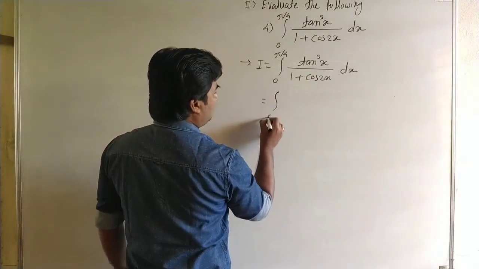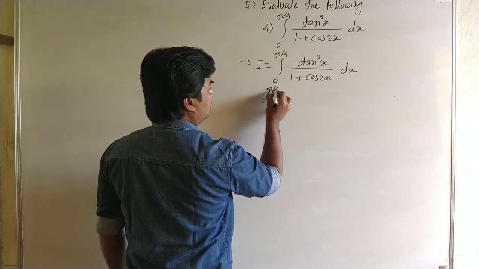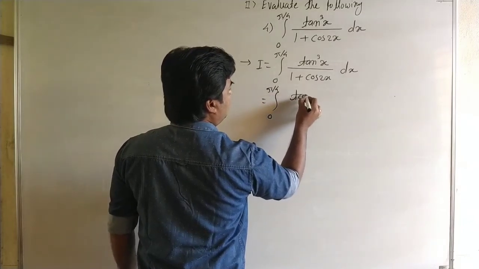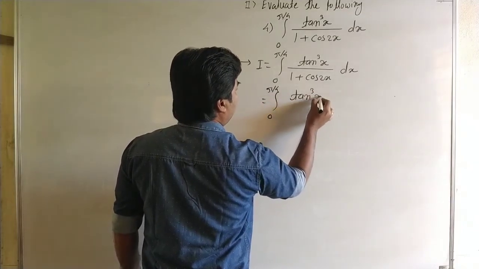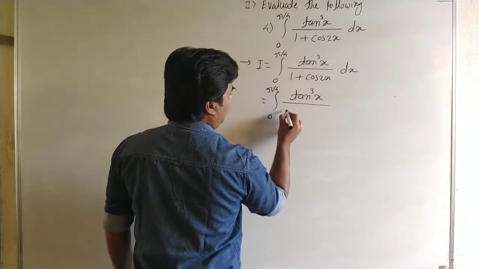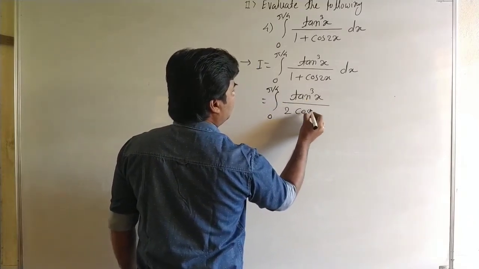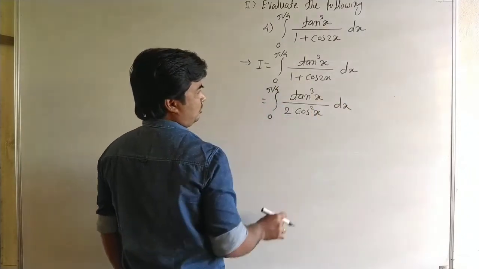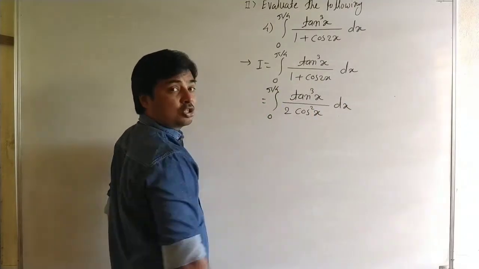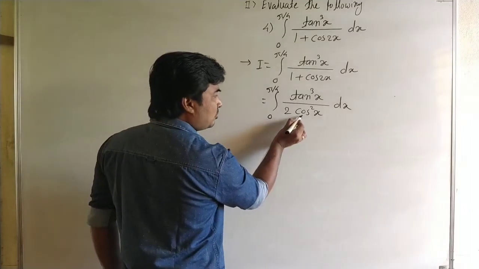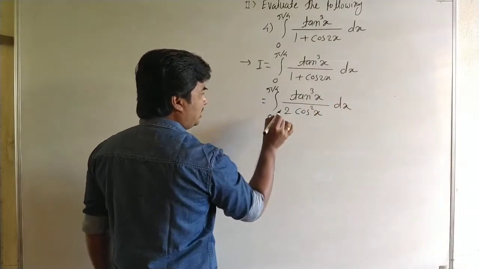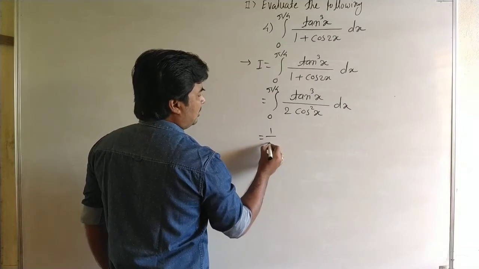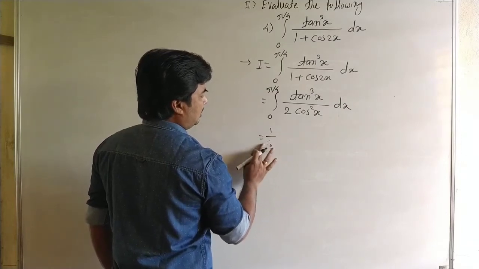Now the integral from 0 to pi by 4 of tan cube x upon 2 cos square x dx. It is the formula for 1 plus cos 2x, which is 2 cos square x. Now this cos square x we can write in the numerator as sec square x, and this 2 we can take outside the integral.